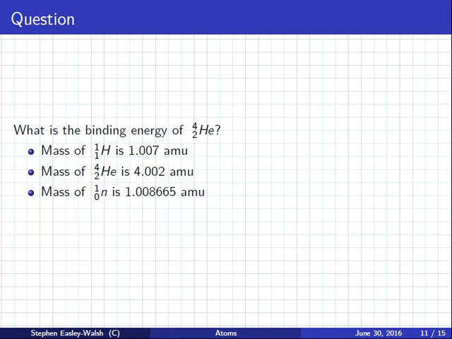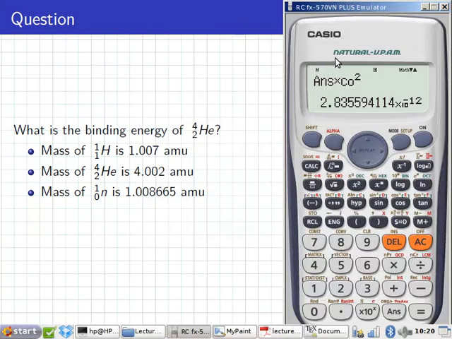So the alpha should be 2 times 1.008665 plus 2 times 1.007, right? It should be this, but it's not. It's only 4.002. So minus 4.002, this much is missing.